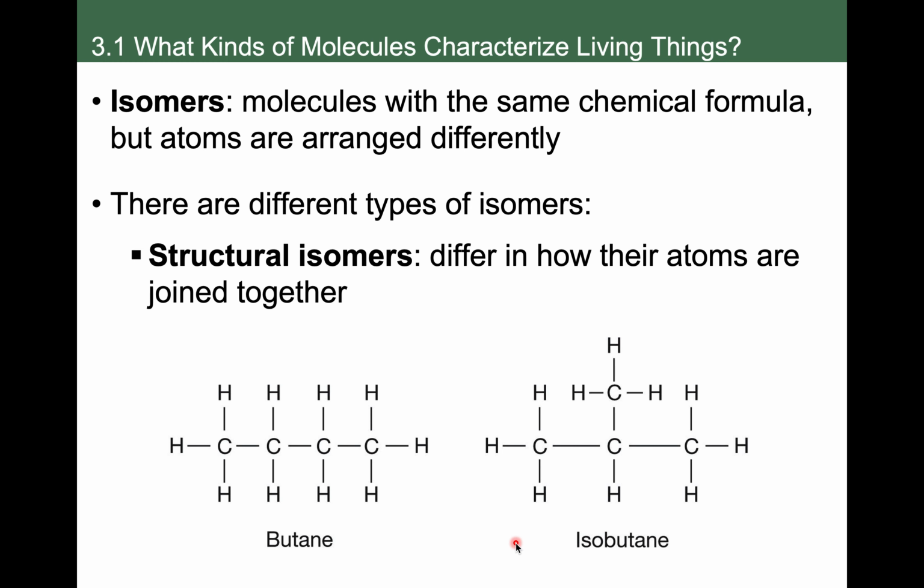And when I say they got the same chemical formula, these would both be what? C4H10, if I'm counting that right. So both have the same number of carbons, same number of hydrogens, but as we can see, those atoms are arranged in a different pattern, so they're structurally distinct, and that will give them different chemical properties.